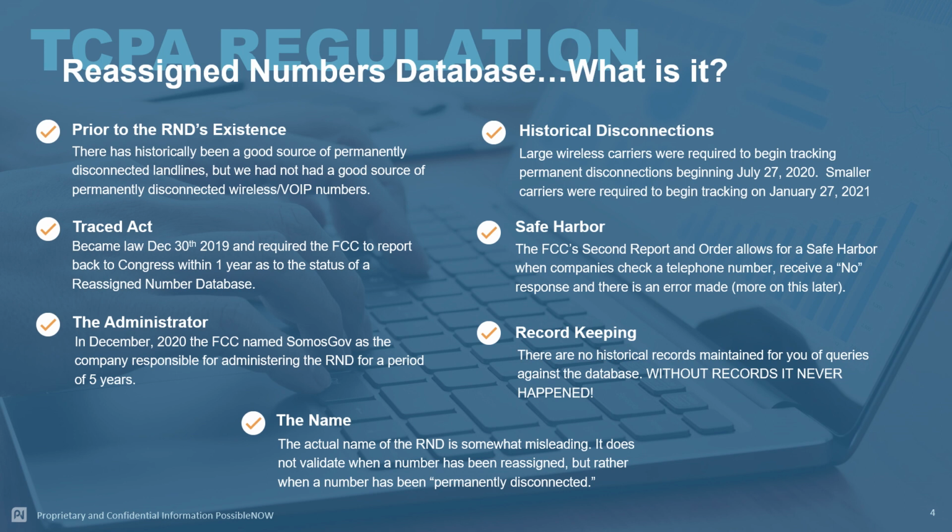The FCC has said that if you check the database and you receive a no response, and we'll talk a little bit about what a no response means in a later slide, but if you receive a no response and then subsequently make that call and you receive that no response in error, then you can seek safe harbor under the law.